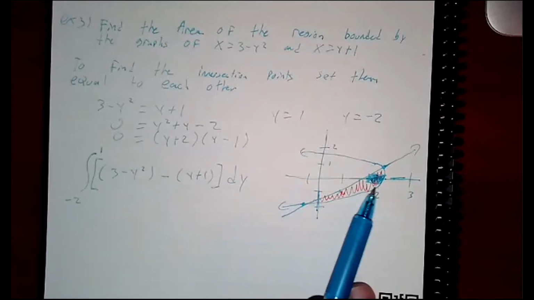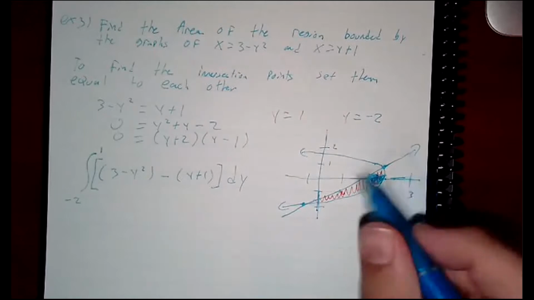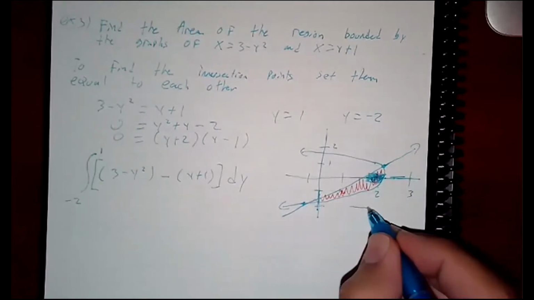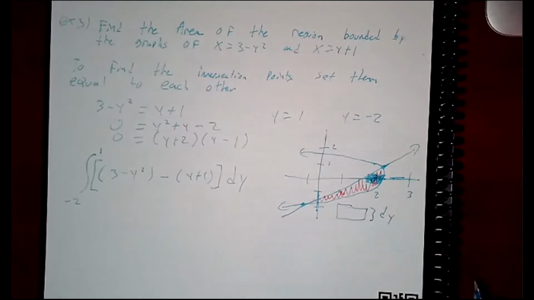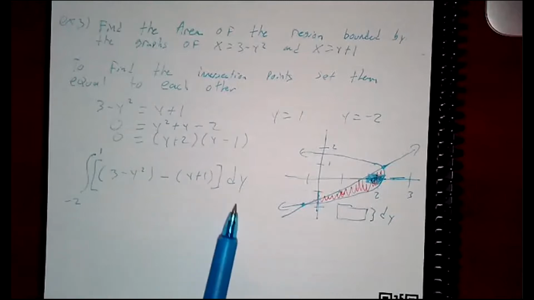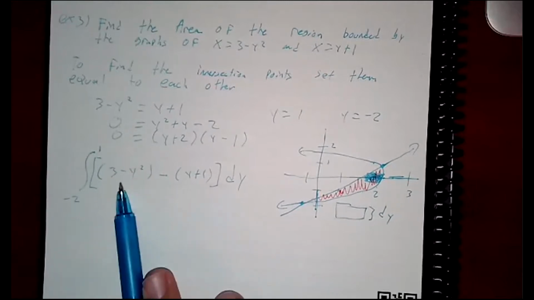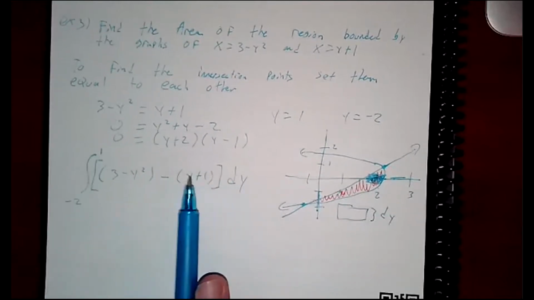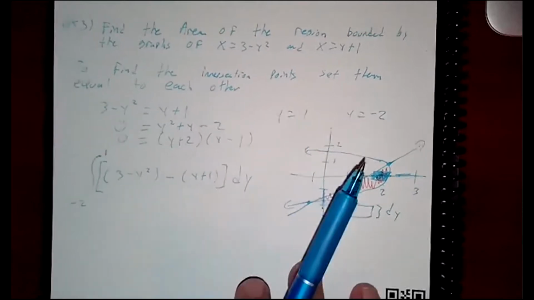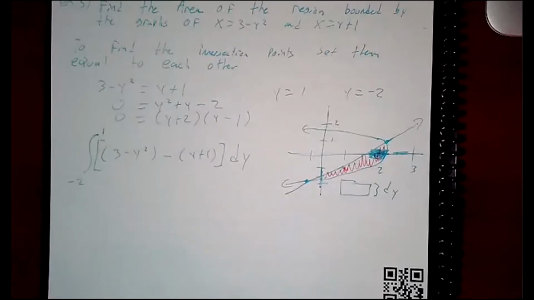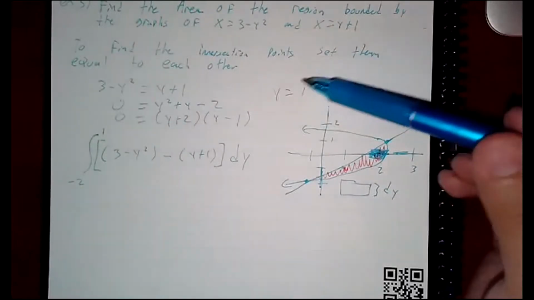If I draw a horizontal, that means I'm doing dy, because the thickness of the rectangle is now in terms of y. So everything needs to be in y. If you're choosing a horizontal, you better not have any x's in here, right? That doesn't make any sense. You need to convert yourself if it's not already solved for you.